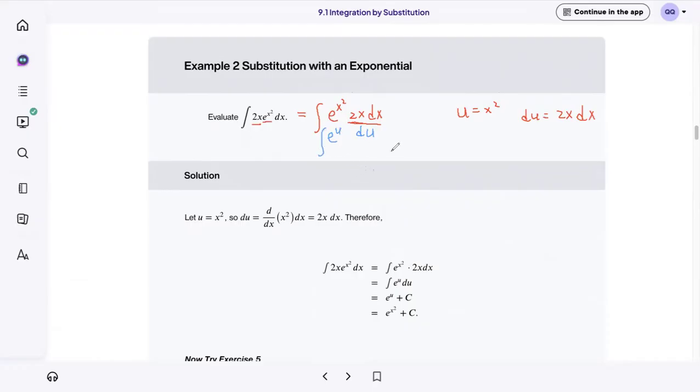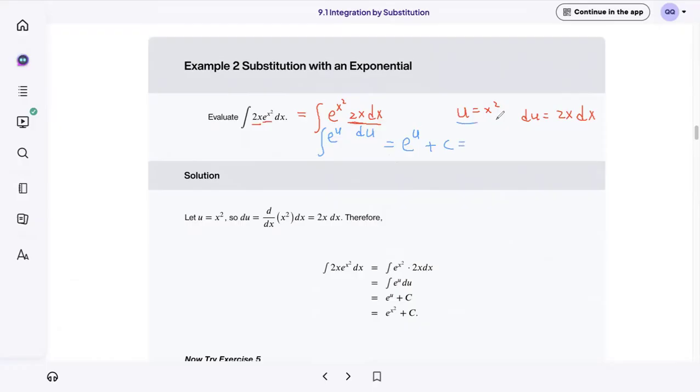So we still have a valid integral. The integral is e raised to u. Then the x-axis just becomes the u-axis. Then we can anti-differentiate this. That's itself, e to the u. Anti-differentiating e to the u gives e to the u, then plus c.